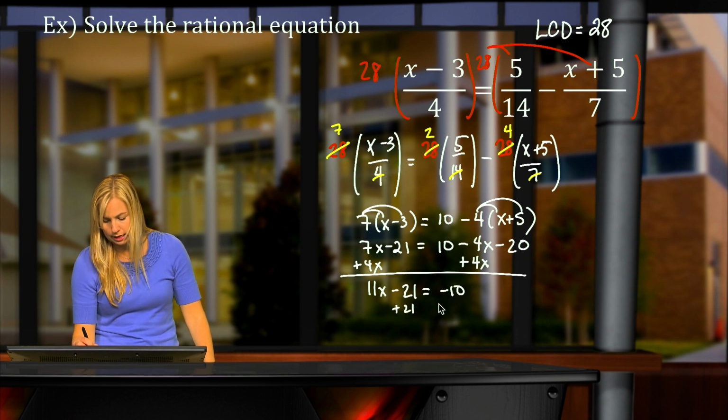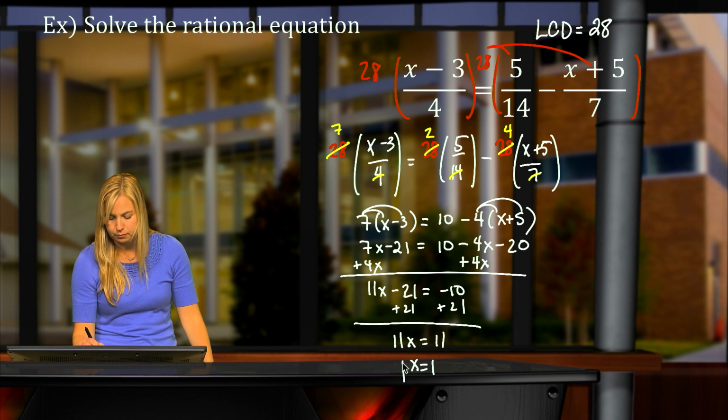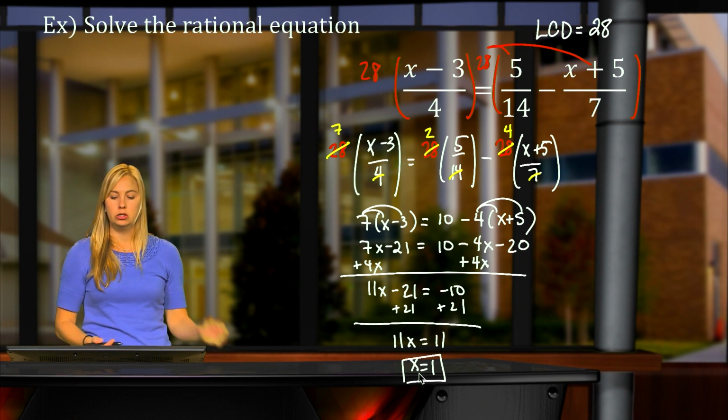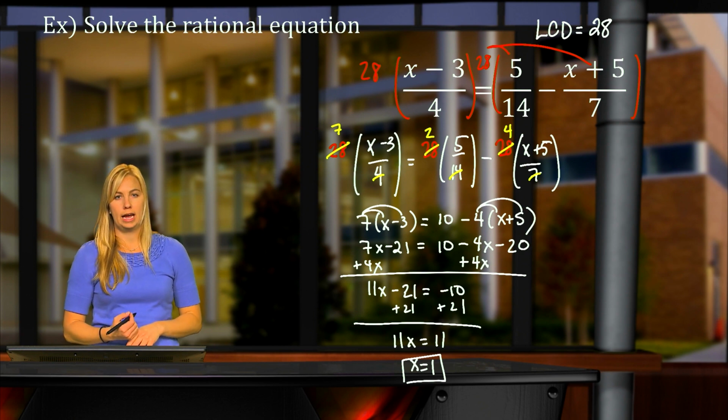Add 21 to both sides. 11x = 11. If we divide both sides by 11, we get x = 1. Now to check our solution, we simply plug it back into the original and make sure that the left and the right side are equal.